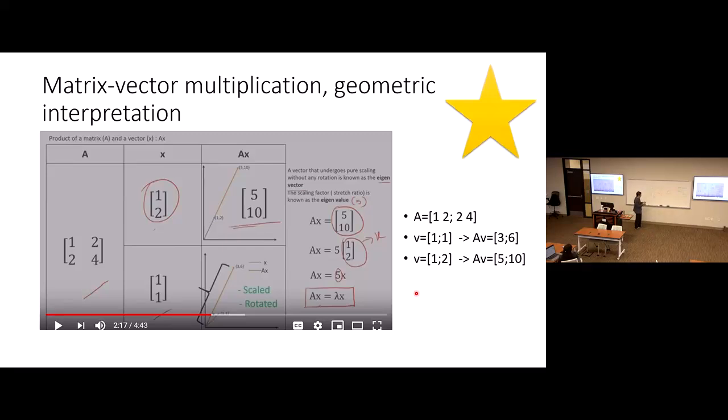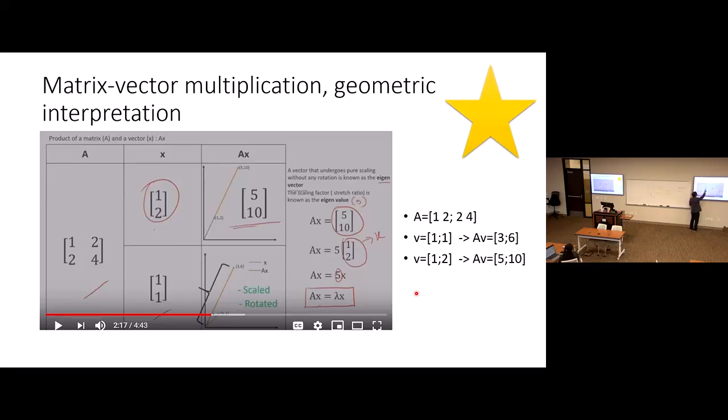You will rotate and stretch the vector. However, if I change this to 1, 2, this is a special vector with respect to this rotation matrix operator. Why is it special? Because if you apply the same operation matrix to this particular one, it only changes the magnitude, not the direction.